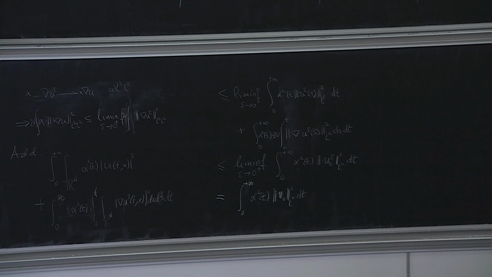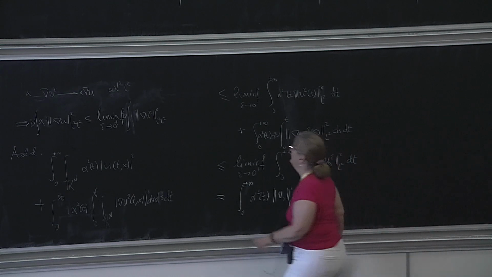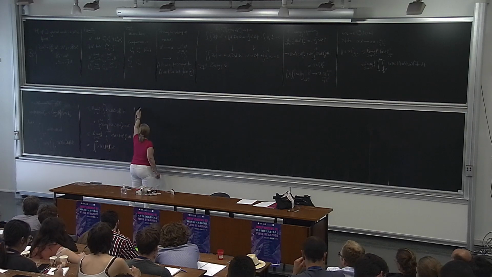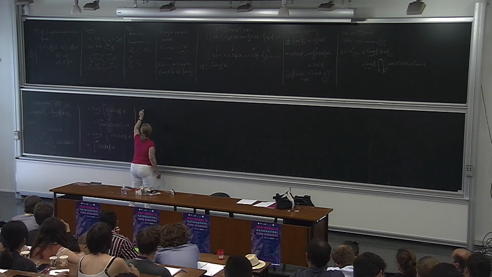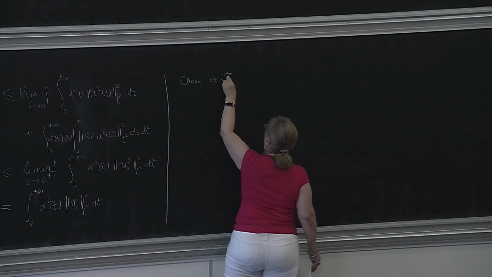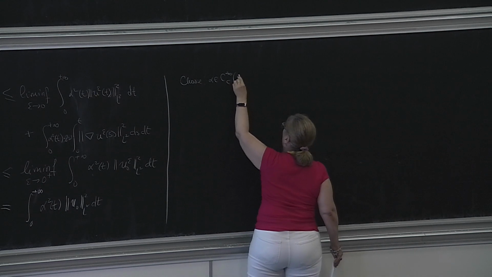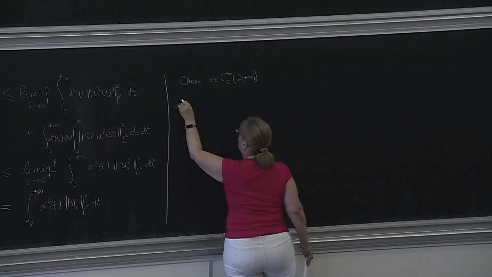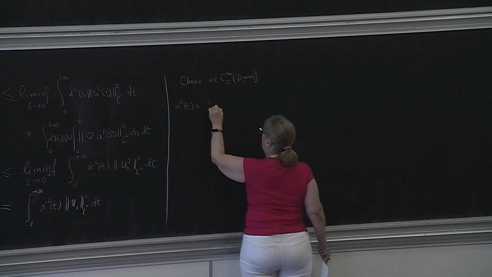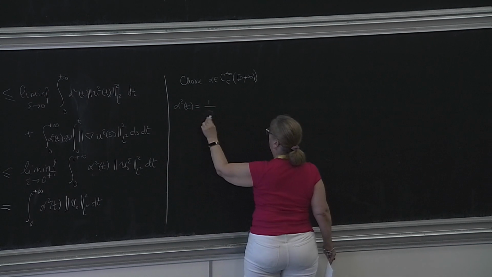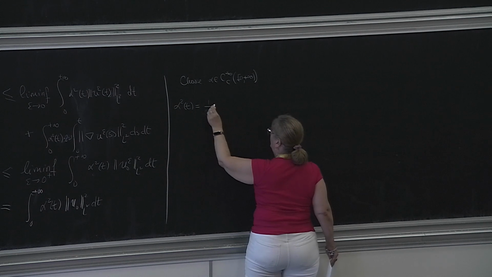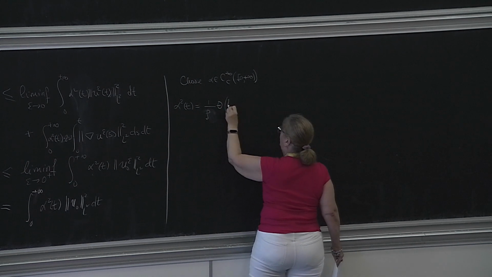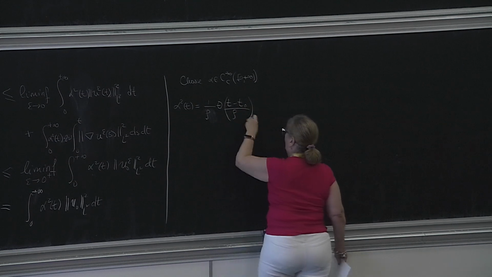So I'm going to choose a special alpha, such that alpha squared of t is 1 over rho times theta of (t minus t naught) over rho.